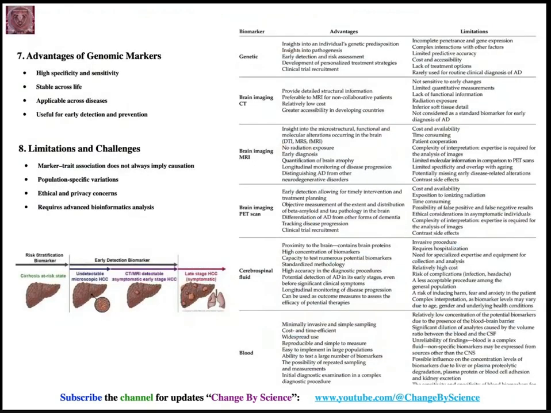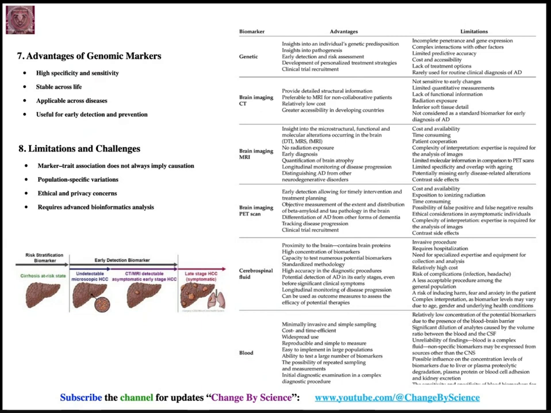Now, finally, it comes to the advantages and disadvantages. Of course, there are a number of benefits and limitations, but currently there are more advantages and benefits with respect to the limitations and challenges. And most of the limitations currently are from the experimental side, not from the computational side.